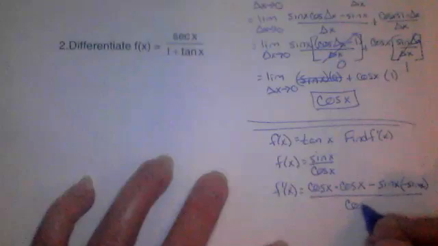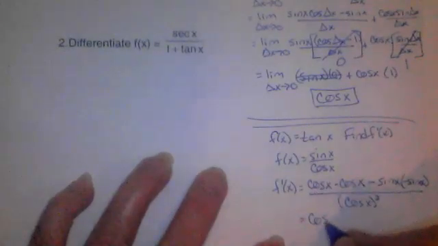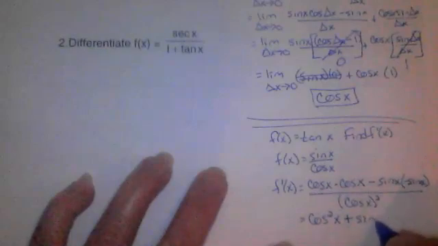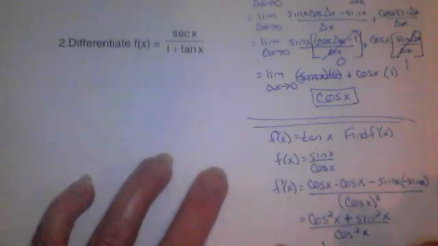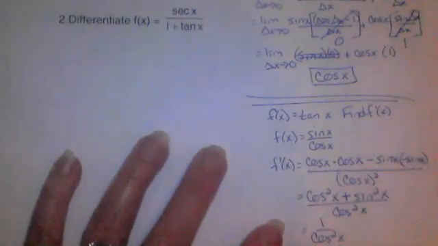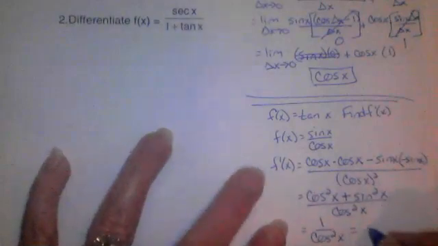All over the low squared. So we have cosine squared x plus sine squared x over cosine squared x. And sine squared plus cosine squared is just 1. So we have 1 over cosine squared x, and 1 over cosine squared is secant squared.